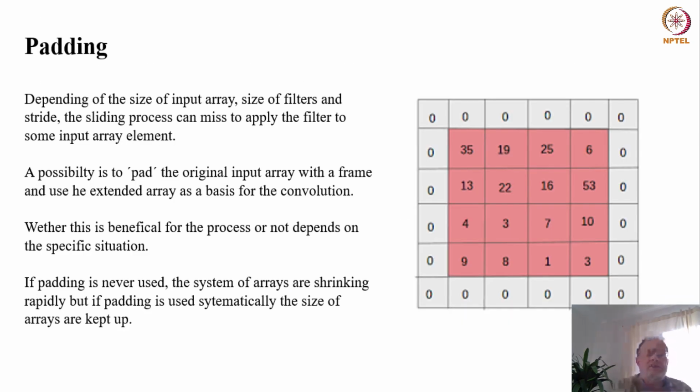There is another concept that you hit when you read about this kind of systems, and that's the concept of padding. So one can wonder what that means. But in principle it's very simple.